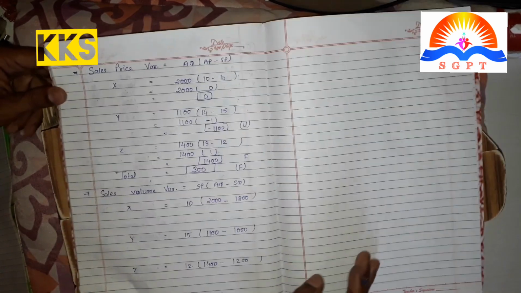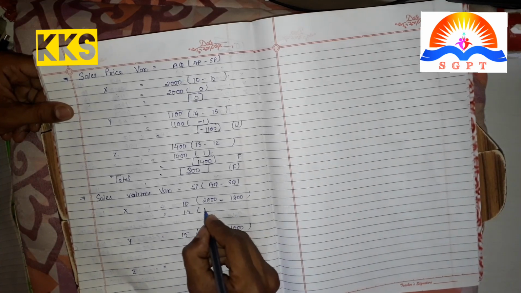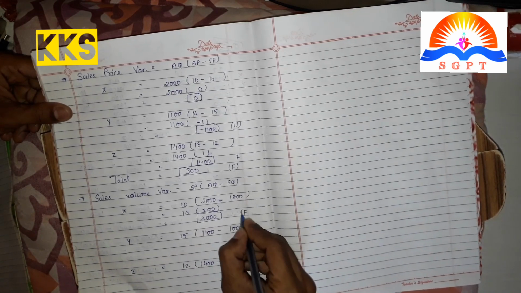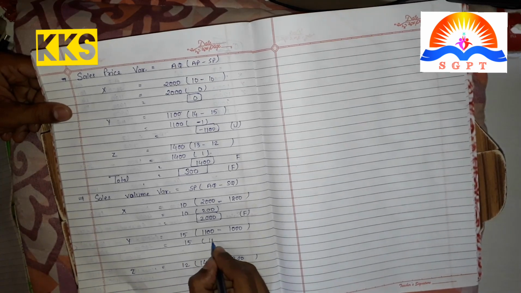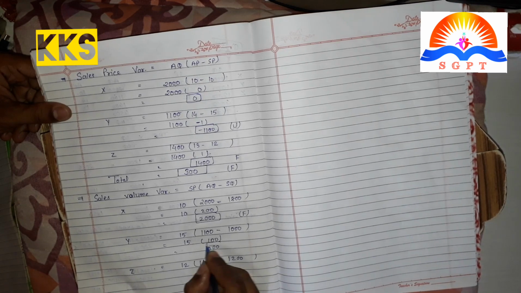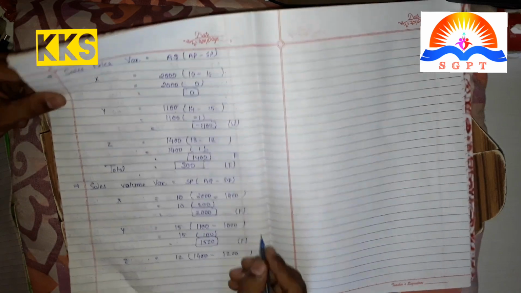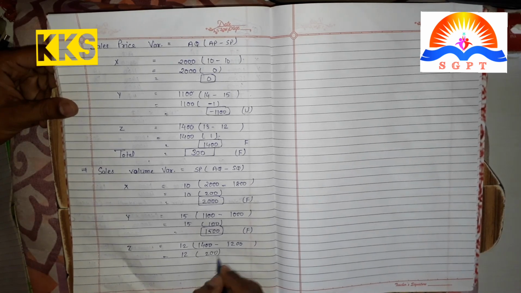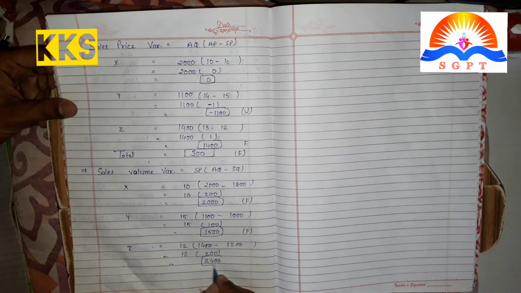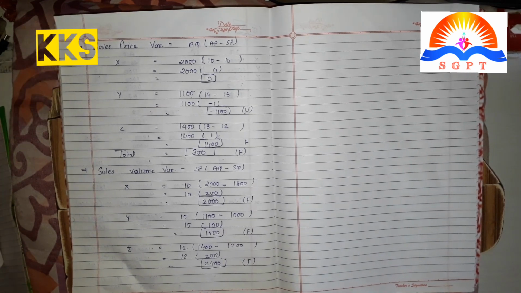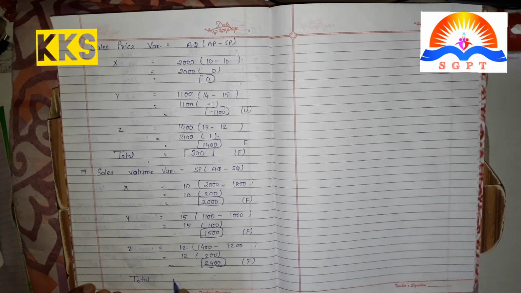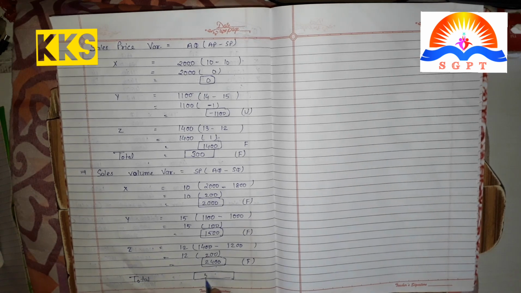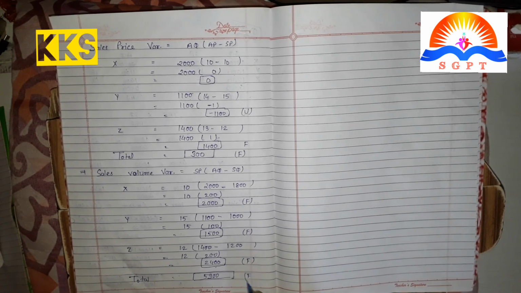Just calculate and write down your answers. 10 into 200 is 2000, favorable because it is positive. 15 into 100 is 1500, also positive, so F means favorable. 12 into 200 is 2400, also positive, so write F. Then make total: 2000, 3500, 5900 will be there, favorable.